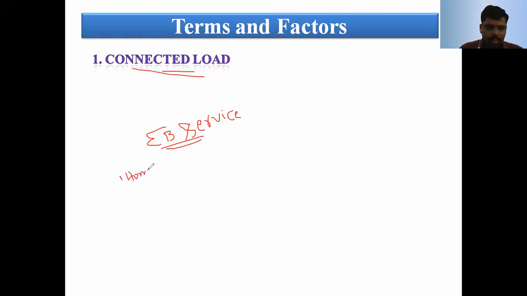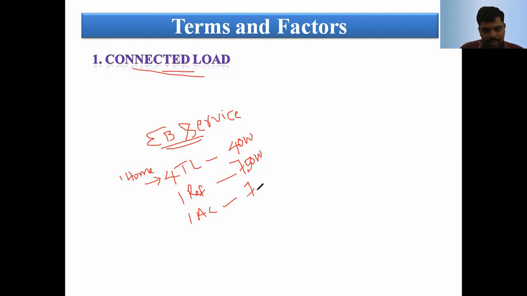They have either 4 or 5 members. The home has 4 tube lights, each with a capacity of 40 watts. They use one refrigerator, with a capacity of 750 watts, and one AC. AC is classified as either split AC or window AC, and so on.